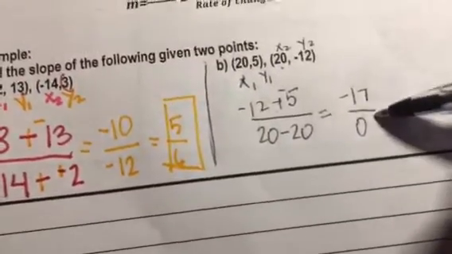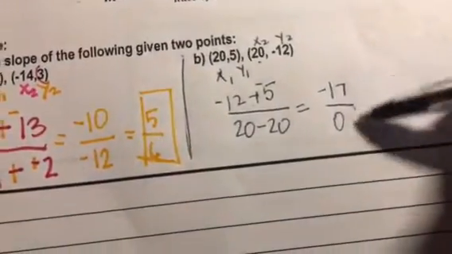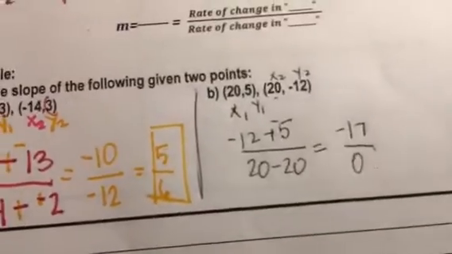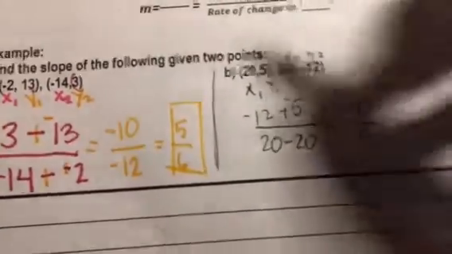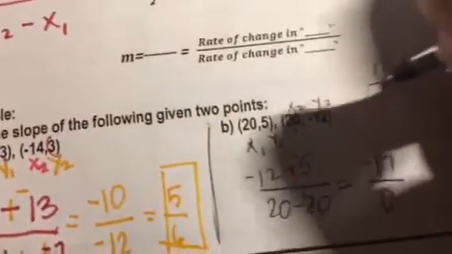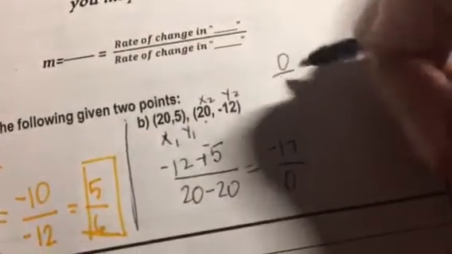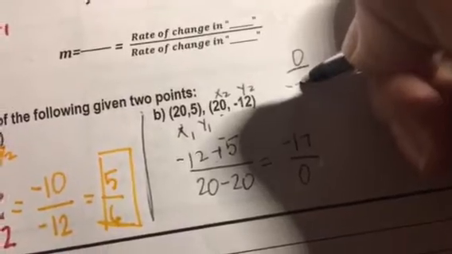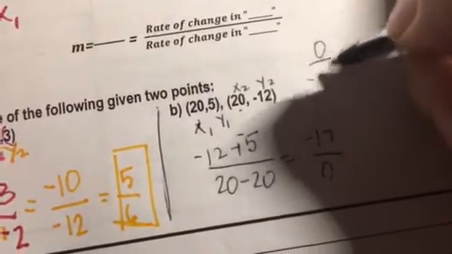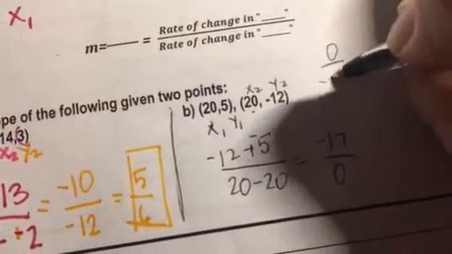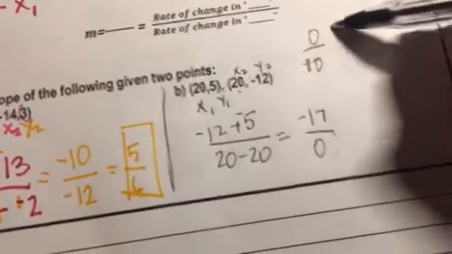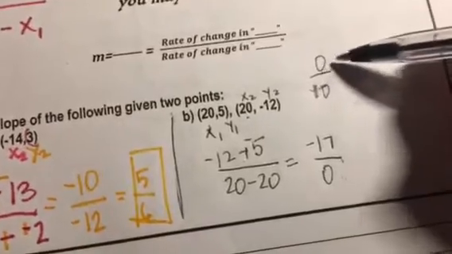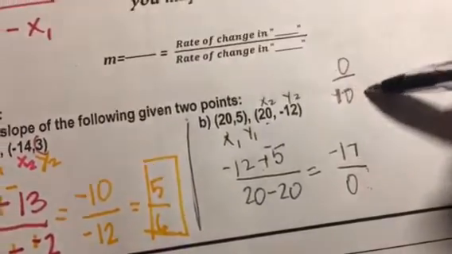When you're doing this, if you ever get 0 at the bottom, you can never divide by 0. You can have 0 on the top, right? Like if I had 0 divided by negative 17, or whatever number, let's say 0 divided by 10. It's like if I said, hey guys, I have $0 and I'm going to split it up with 10 of you guys.